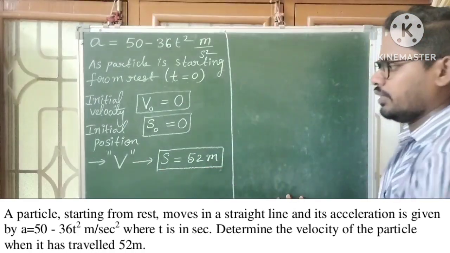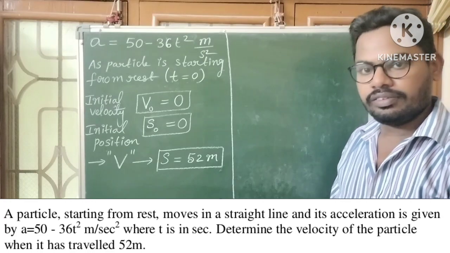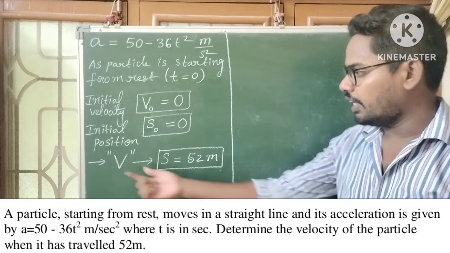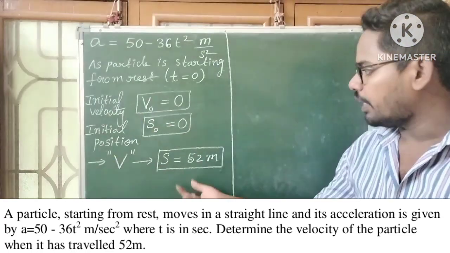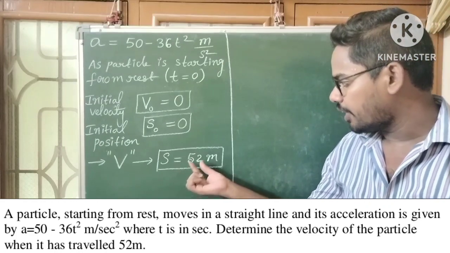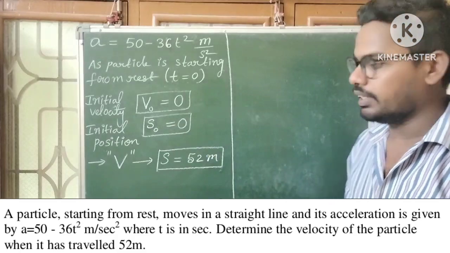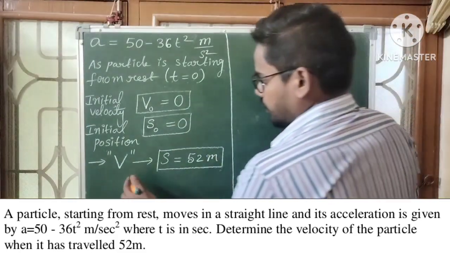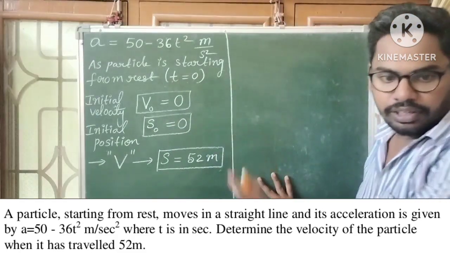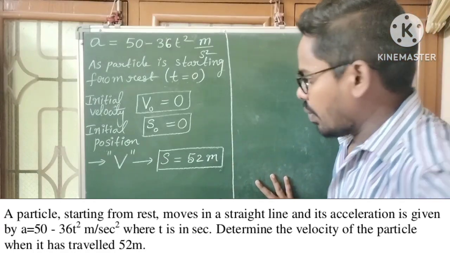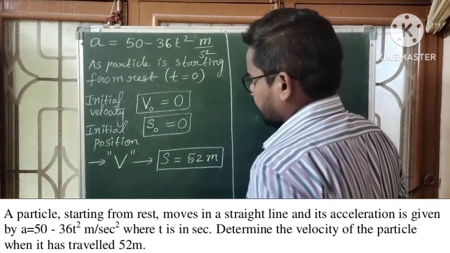So we need the velocity of the particle when it has travelled 52 meters from rest. Okay, fine. This is all about the given data. At last we need velocity.